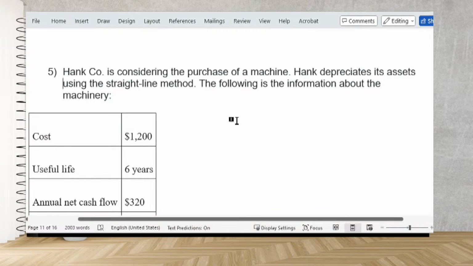So can we start now? Okay. Yes, sir. So first, can the company consider the purchase of the machine?